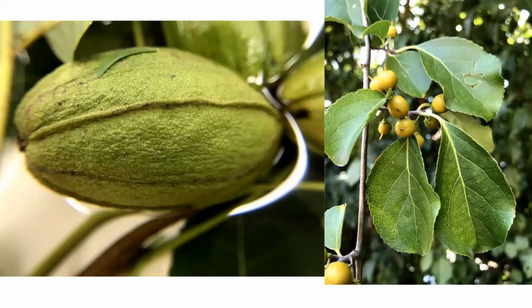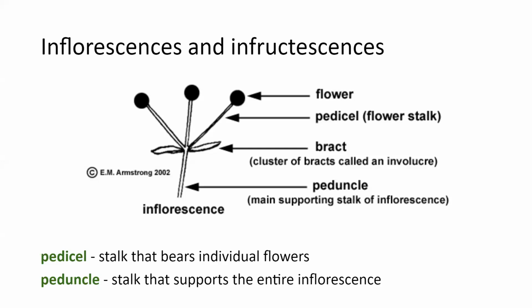And then you can also see on the right, those are fruits of Callery pear, which we might have seen in lab, but you can see they're axillary, that they're at the axils of the leaves. So, right, we're talking about inflorescences and infructescences and looking at the different parts of this, right? We have the flower or fruit at the end, okay?